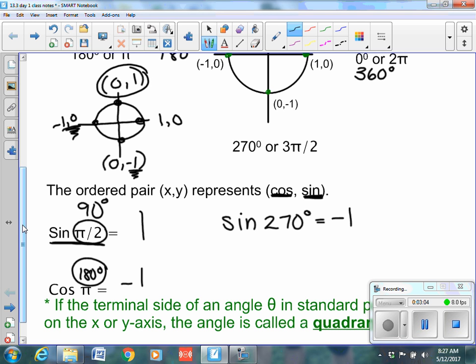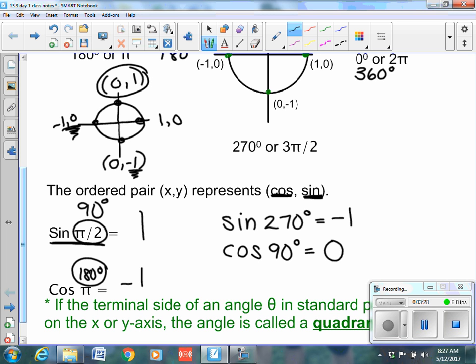One more because we're having so much fun. Let's do the cosine of 90. What's the cosine of 90 degrees? 0.